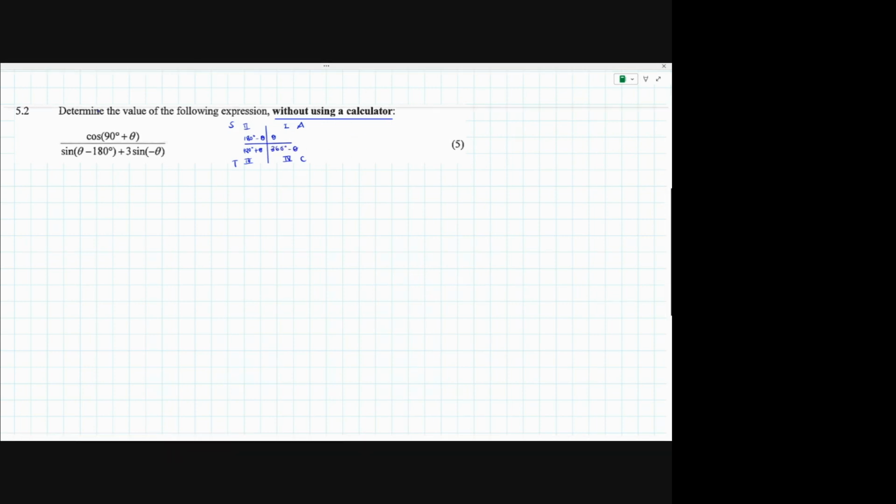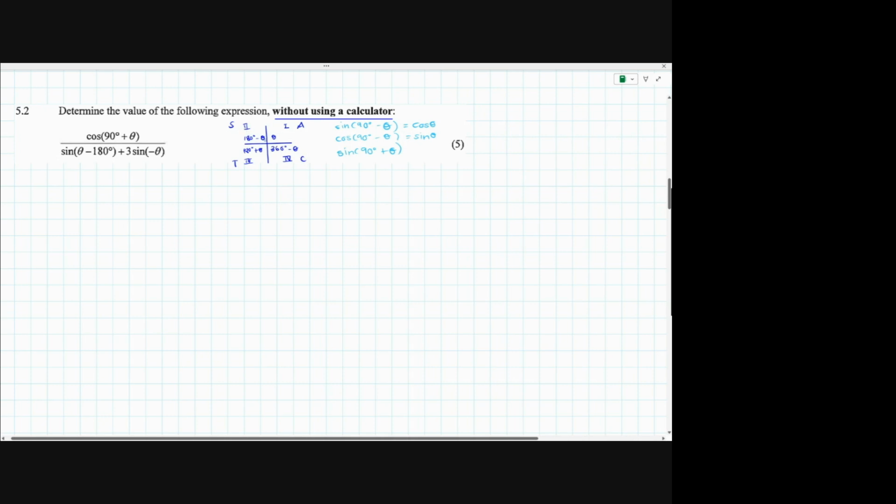We also need to know our co-ratios. So the co-ratios are when you've got 90 plus or minus. So sine of 90 minus theta, quadrant 1, so everything is positive, becomes cos theta. Cos of 90 minus theta, again still quadrant 1, so this becomes sine theta. Sine of 90 plus theta, we're now moving into quadrant 2.